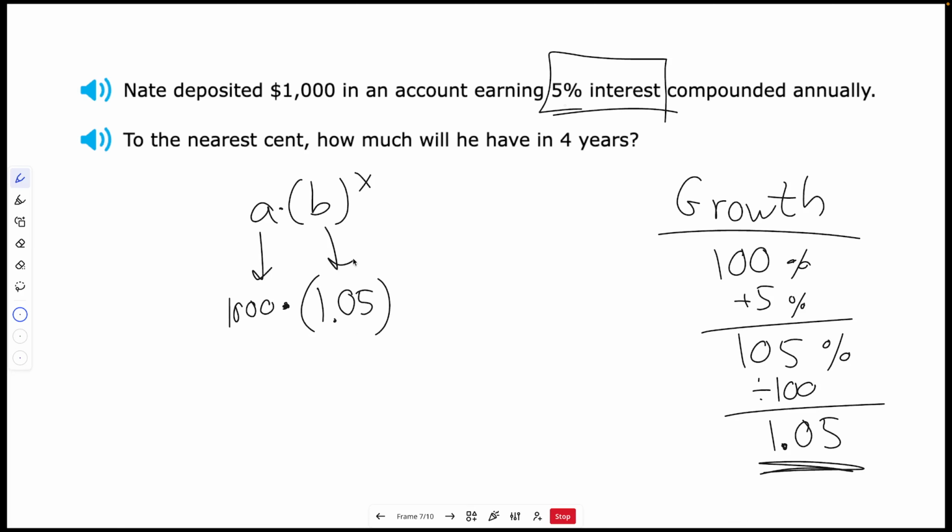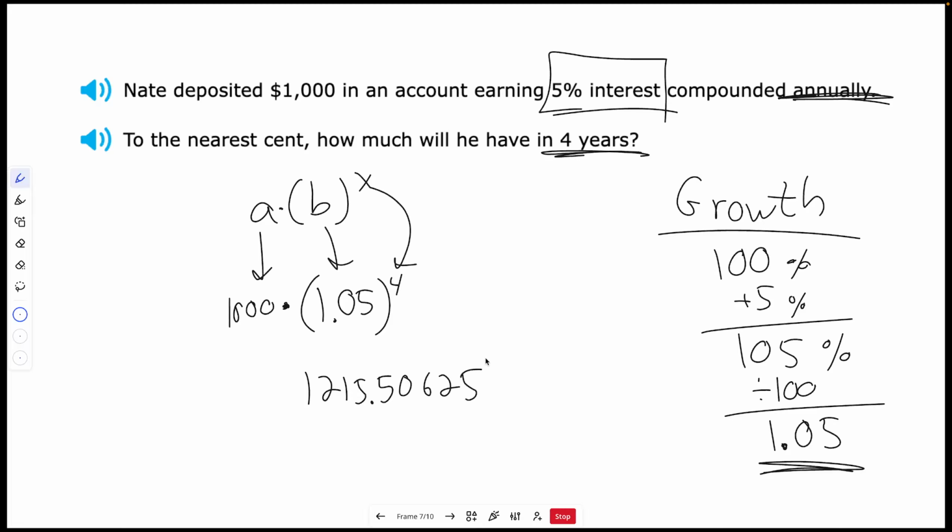And the number of times that we're going to earn interest, annually means every year. So we're doing this for 4 years, so this is a 4. If we plug this into our calculator, we get 1215.50625.